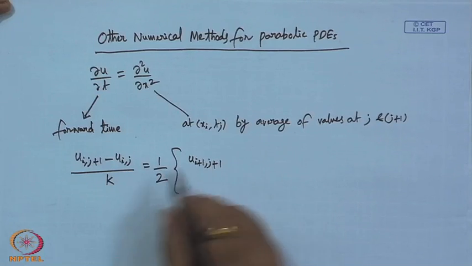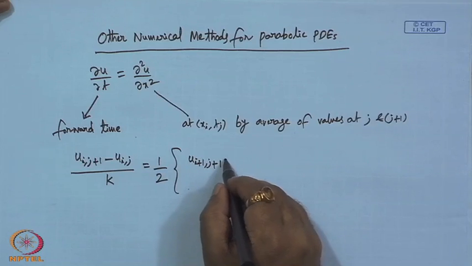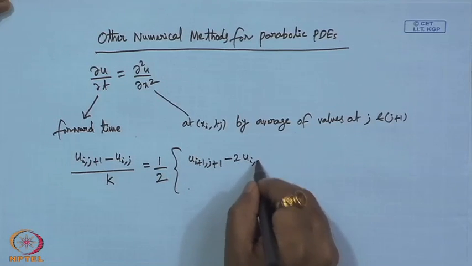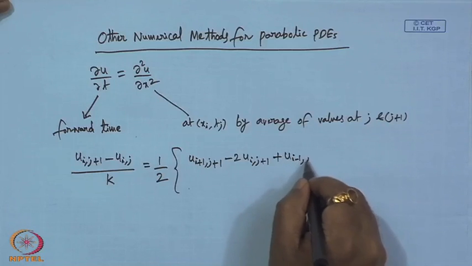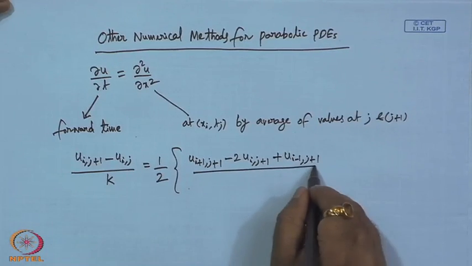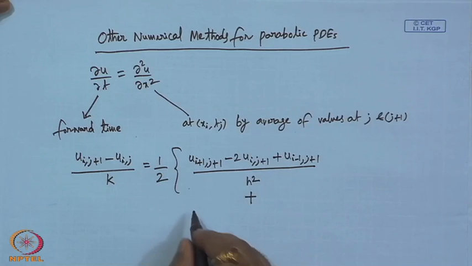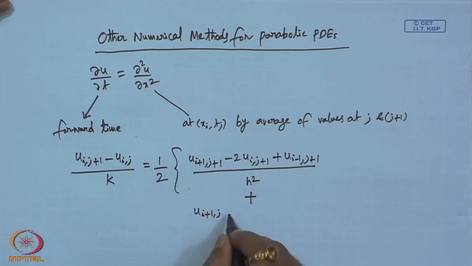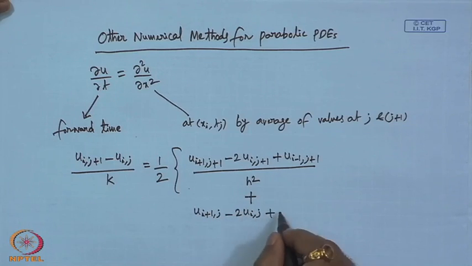This is standard second order approximation central at j plus 1 plus this is again standard at j, second order approximation for central at j.